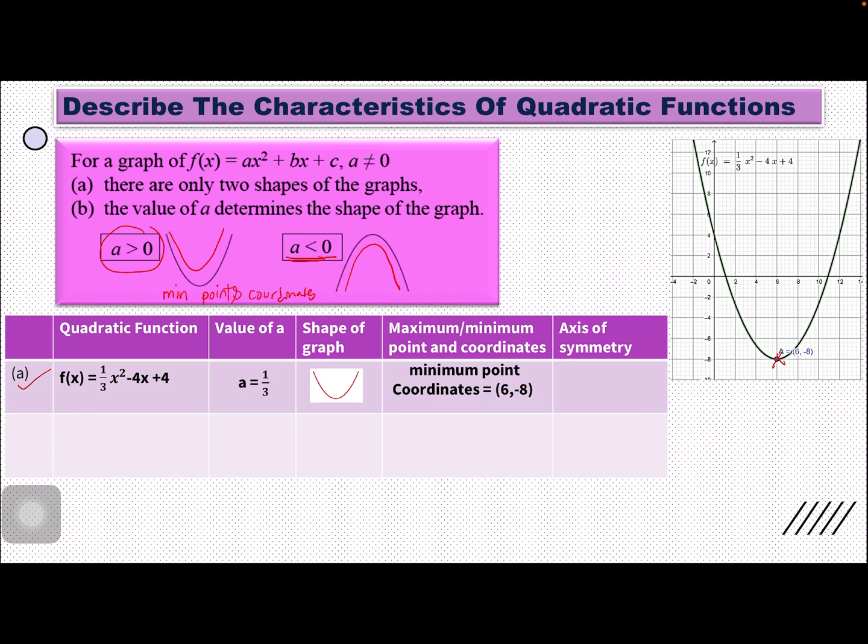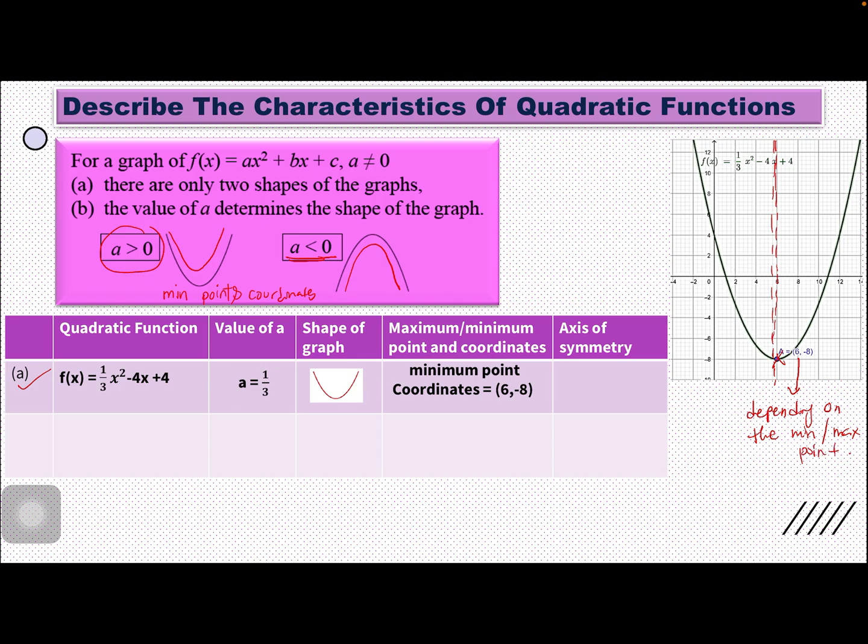So what is the axis of symmetry? Do you see that this graph is centered and it has an axis of symmetry in the middle? The axis of symmetry depends on the minimum or maximum point.